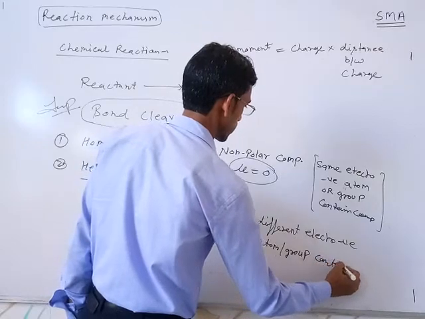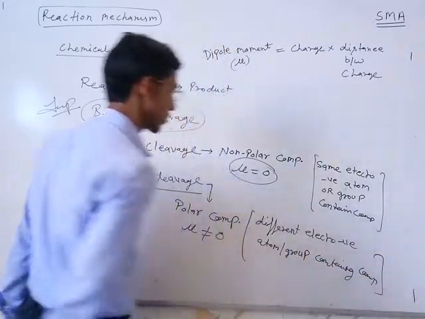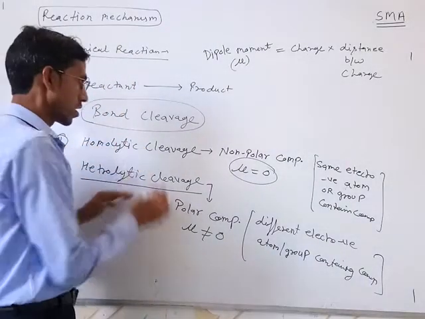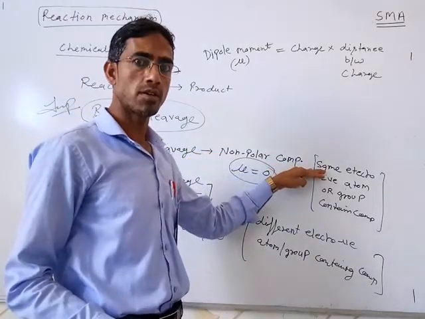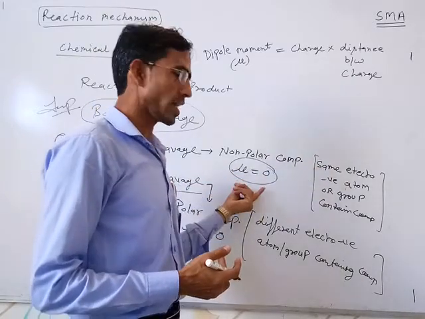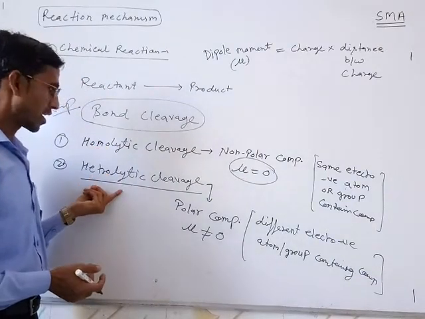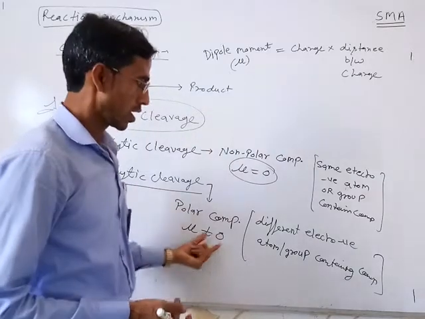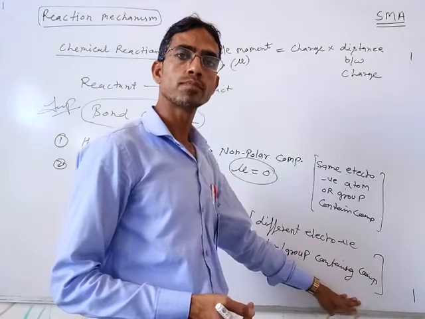Homolytic bond cleavage is found in non-polar compounds, meaning same electronegativity or mu is equal to 0. Then bond cleavage is homolytic type. If heterolytic, polar compounds, mu is not equal to 0, compounds containing atoms or groups of different electronegativity. Understood?